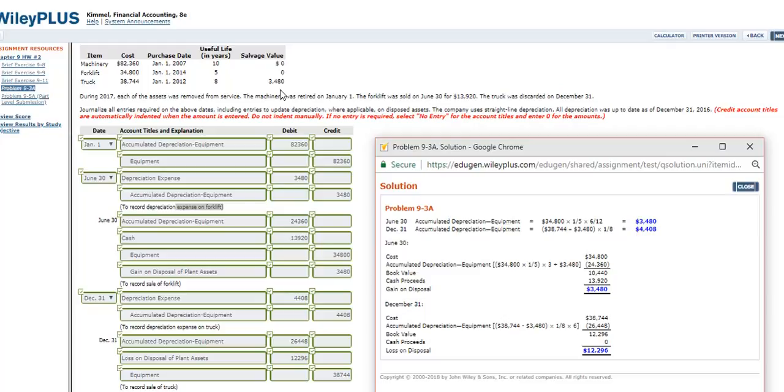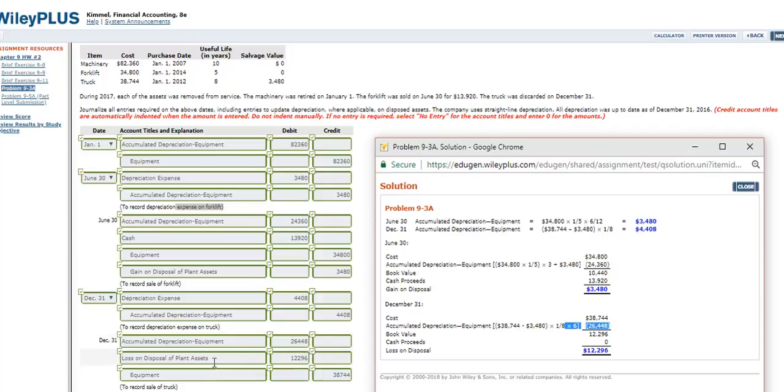We will multiply that by 1 over 8, the useful life, times 6, which is the years that passed since the purchase, which was made in 2012. The accumulated depreciation will be, like we see right here, 26,448. That's what we put right here.